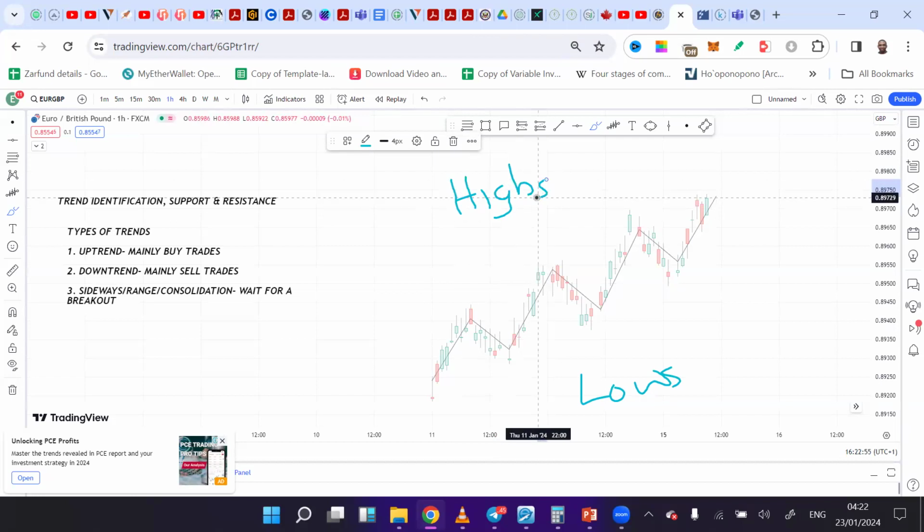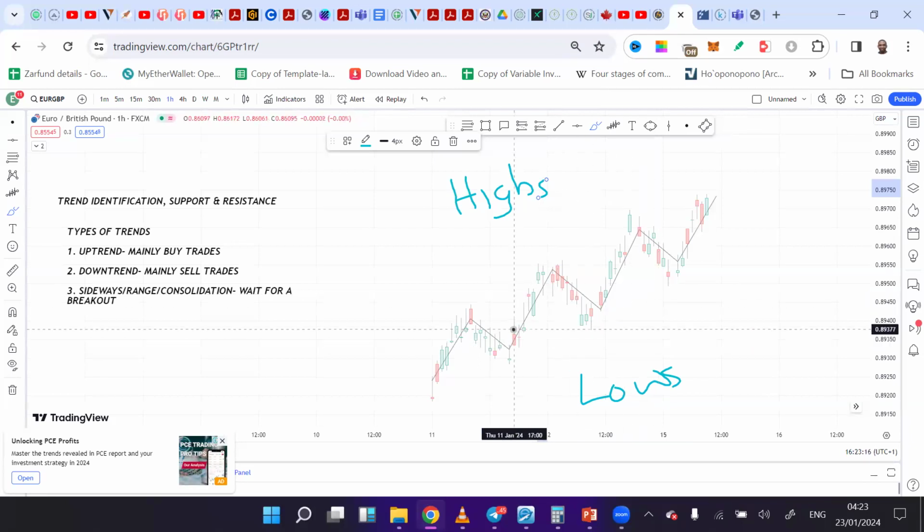Now, when you look at the highs and the lows here, you want to identify what is going on. Something to take note of with uptrends is that an uptrend has a series of higher highs and higher lows. So let's explain what that means.